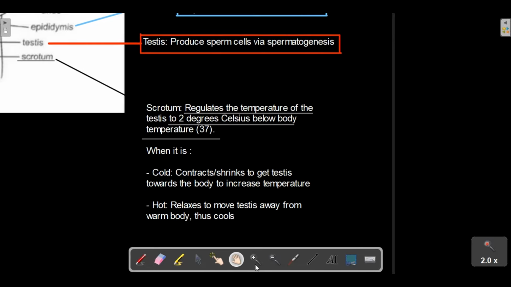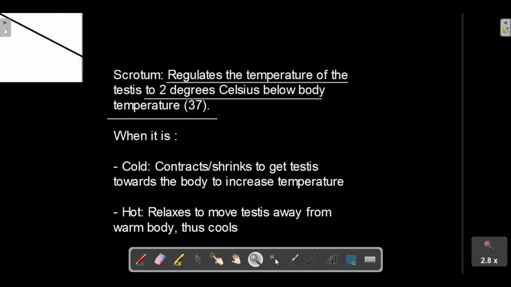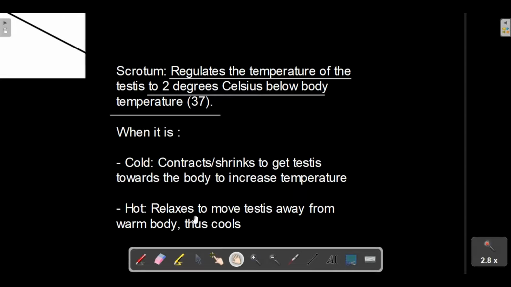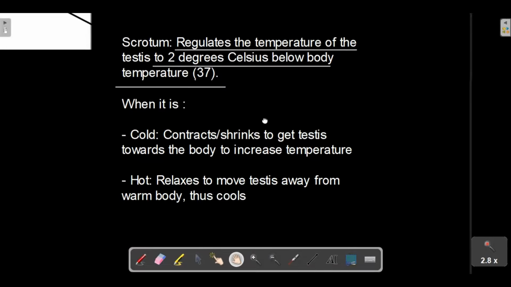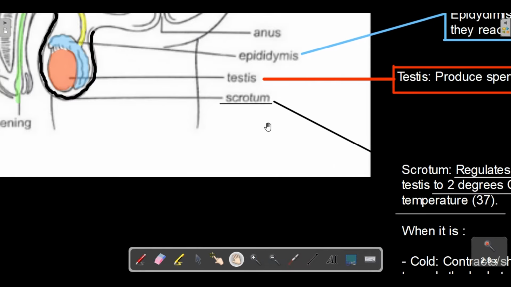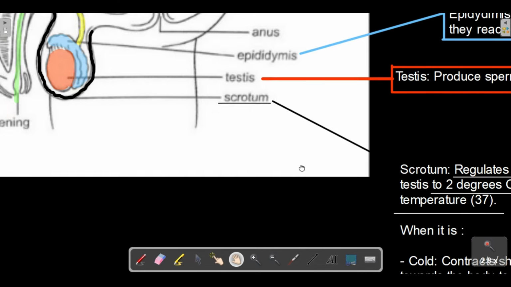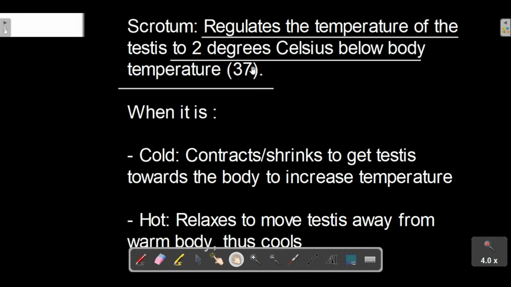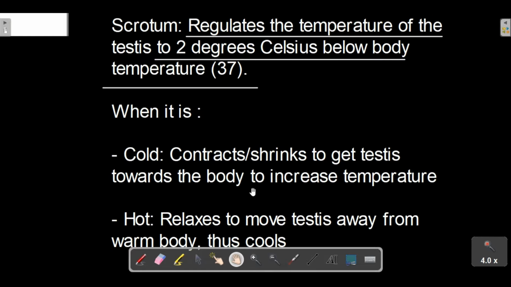So it can shrink, it can relax or hang, and that is all to regulate the temperature of the testes. And why does it regulate the temperature of the testes? Well, sperm cells require a certain temperature in order for them to be healthy. And so the incorrect temperature of the testes can affect the fertility of the male if it is not regulated by this scrotum.